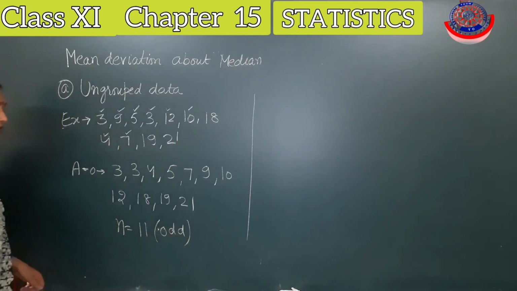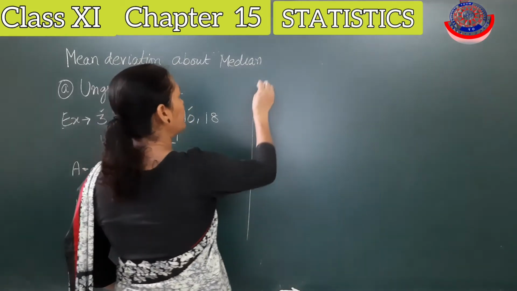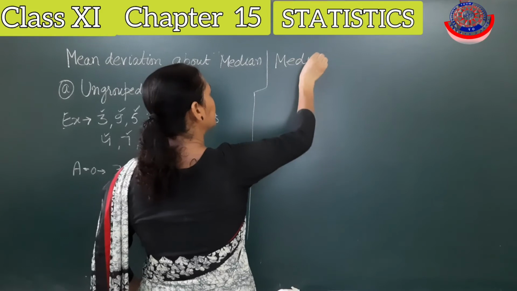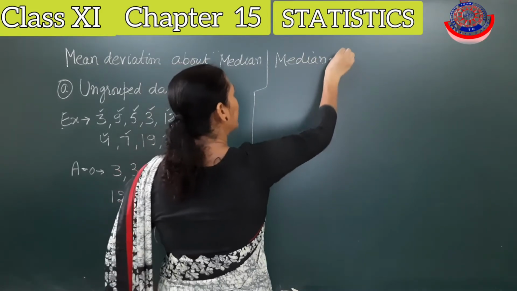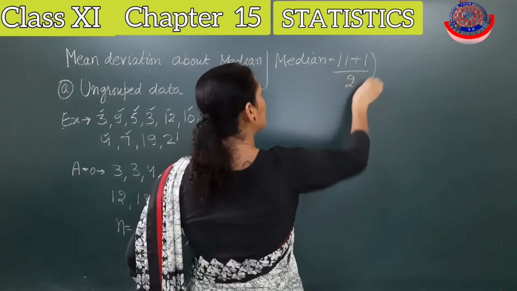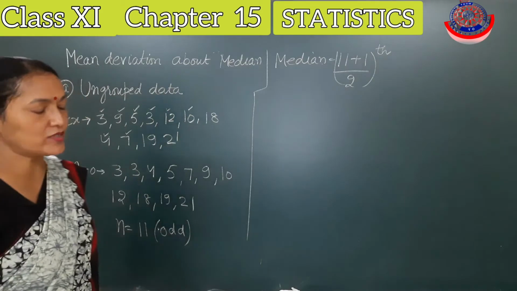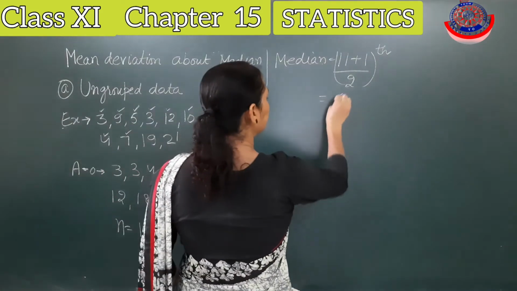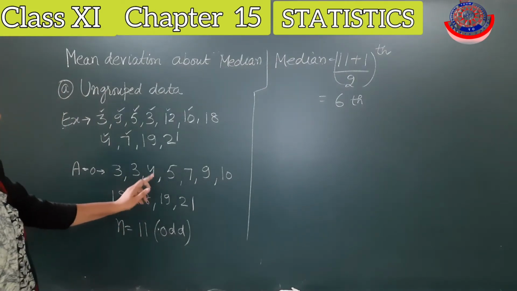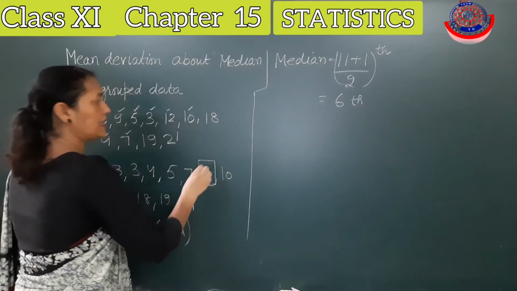In case we have odd observations, then median would be the n plus 1, means 11 plus 1 upon 2th observation, means 12 upon 2, the 6th observation. And which one is the 6th observation? 1, 2, 3, 4, 5, 6. So we got our median as 9.